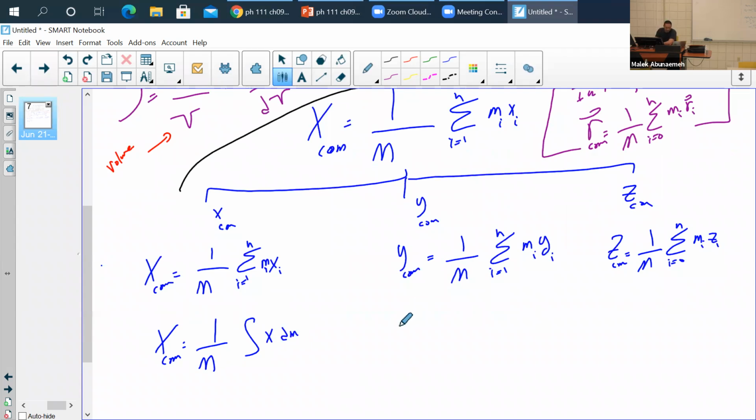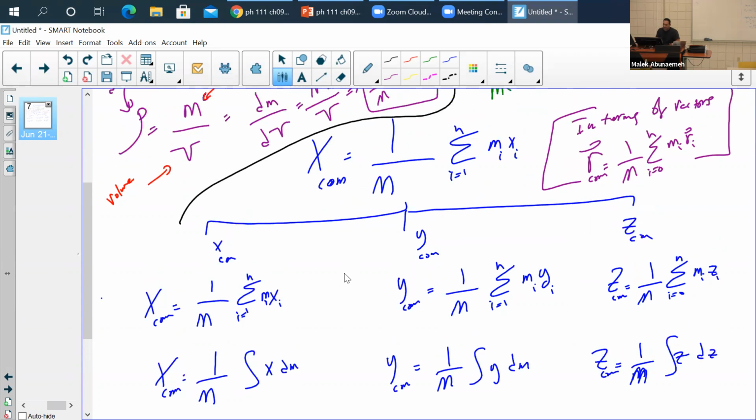Let me just do this for Y. Y center of mass is going to equal 1 over M, the integral of y dm. Z center of mass is going to equal 1 over M again, integration of z dm.